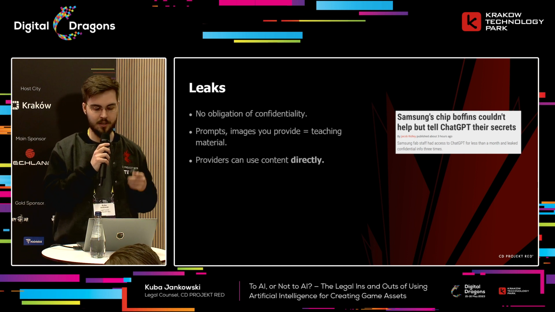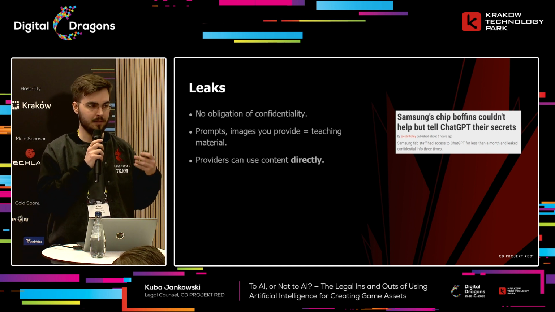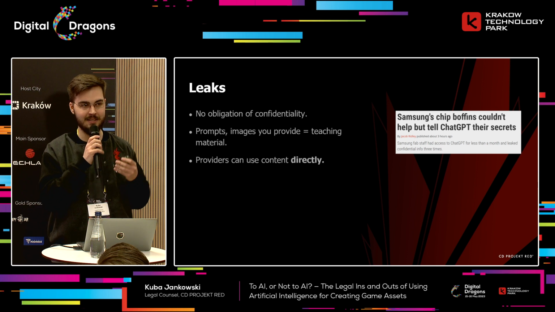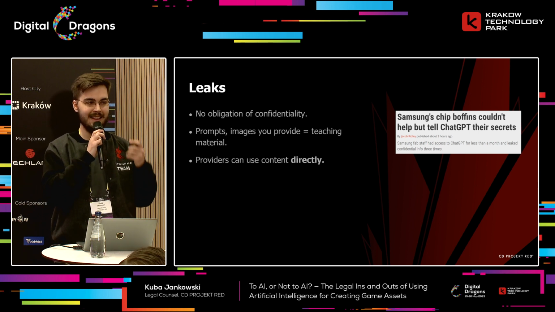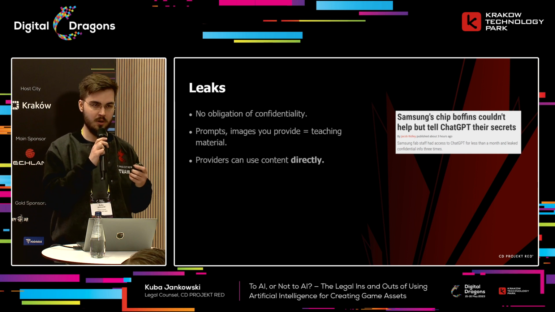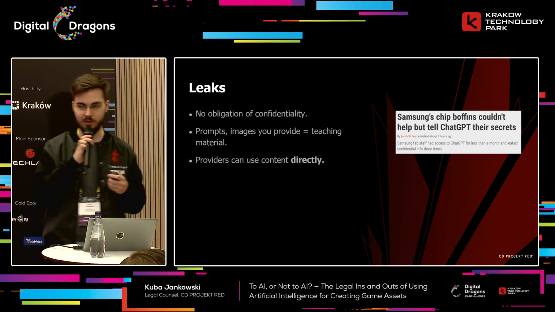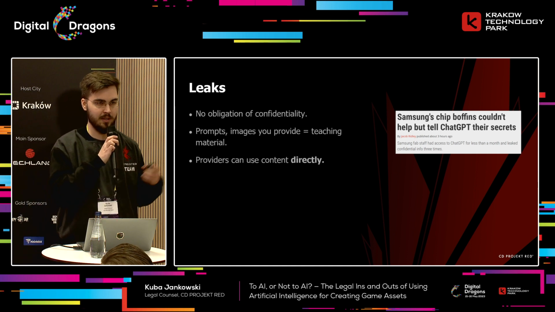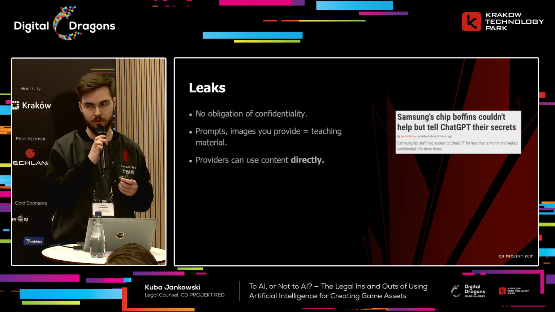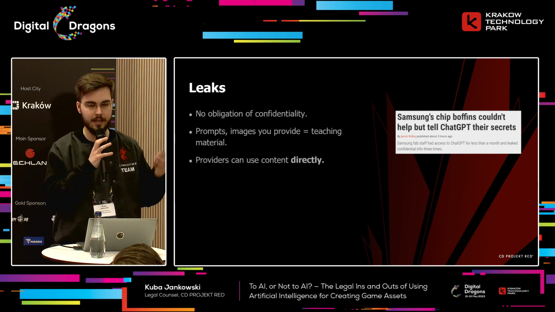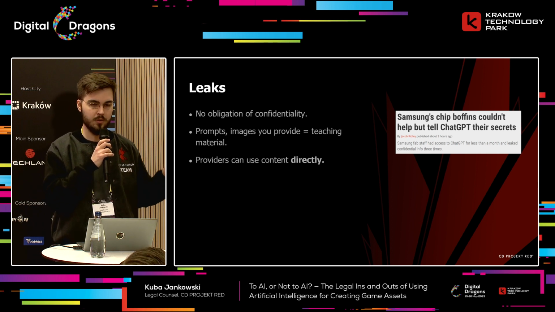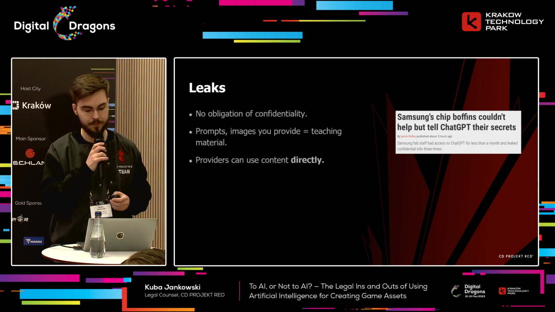So there's this thing: they don't have to keep that secret. Another thing is that in most cases, you give those providers a license to use your content, so you give them an opportunity to use it without any additional compensation for you. They can use not only the output that you or the AI created for you, but also the prompts directly.